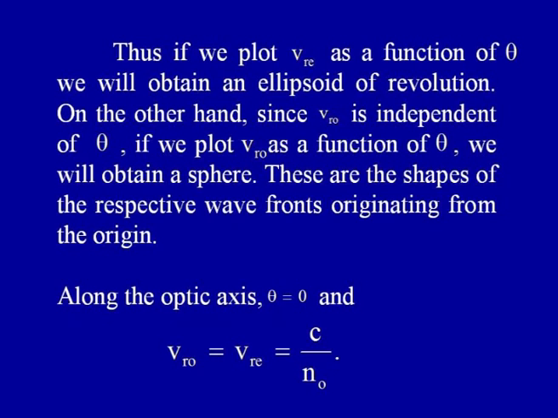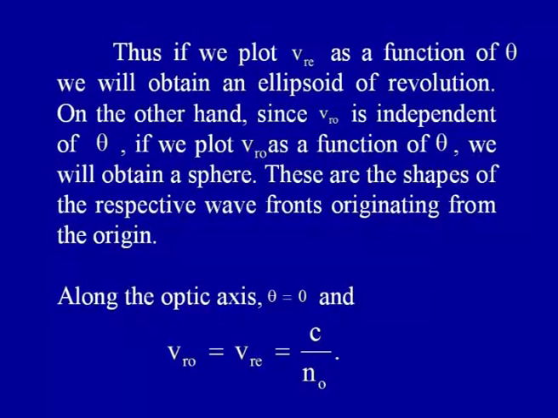On the other hand, since V_O is independent of θ, if we plot V_O as a function of θ, we will obtain a sphere. These are the shapes of the respective wavefronts originating from the origin.